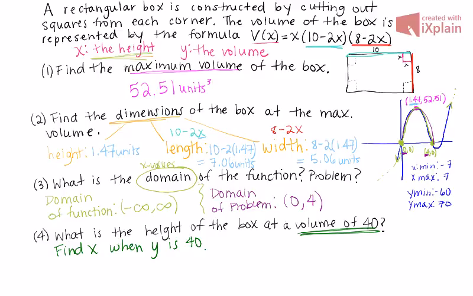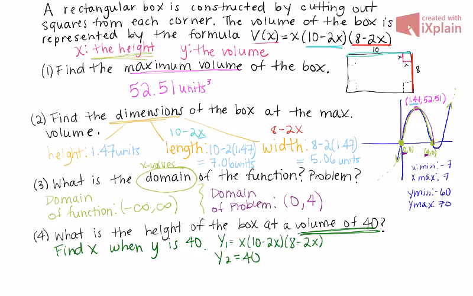So the way that you are going to do a problem like this is in your calculator in y1, you're going to have your function x times (10 minus 2x) times (8 minus 2x). And in y2, you're going to have 40. And what you're going to do is find the intersection points when you graph these.